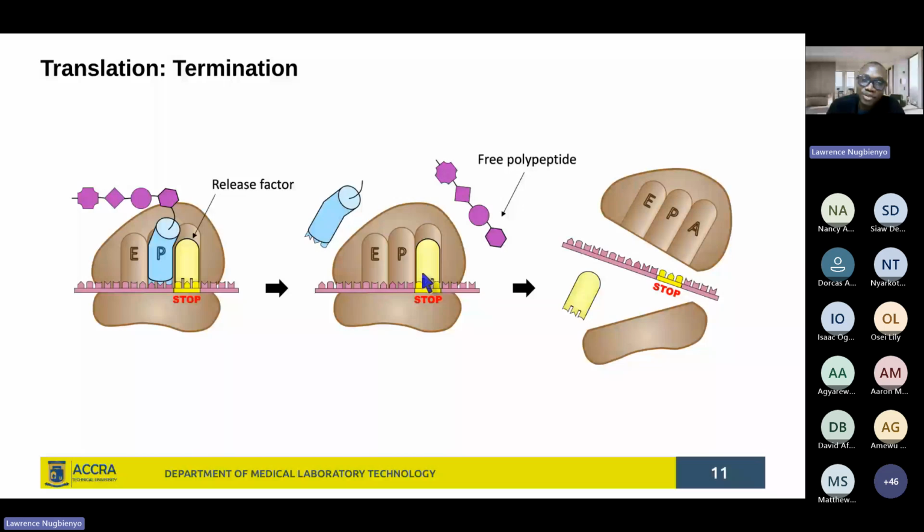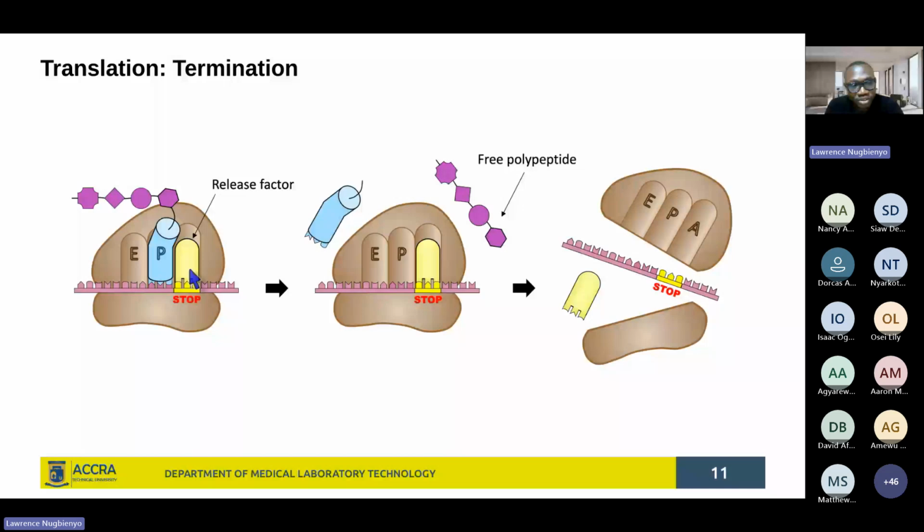I think we saw UGA, UAG, and UAA as the stop codons. Those codons do not code for any amino acid. So when it gets to that, you have reached the stop codon. On the stop codon, no amino acid is carried by a transfer RNA to come onto that complex for the process to continue.